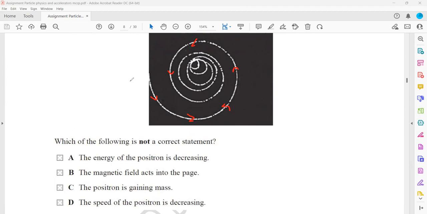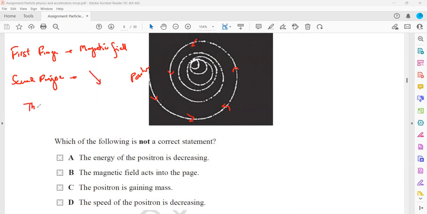It's a positron, so a positive particle. My index finger, the first finger, represents the direction of the magnetic field. The second finger will represent the direction of the particle. And the thumb automatically will represent the force, the deflection.